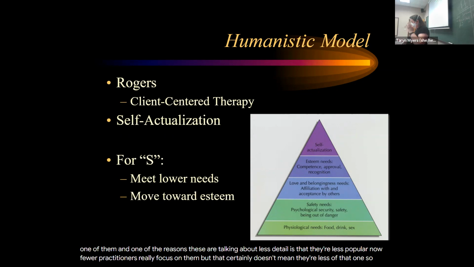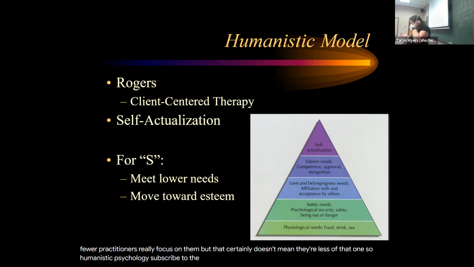Humanistic psychology subscribes to the belief that human beings have an innate capacity for goodness and to live a happy, adapted life. However, society is what pressures people to feel they're not right the way they are, to conform to norms.